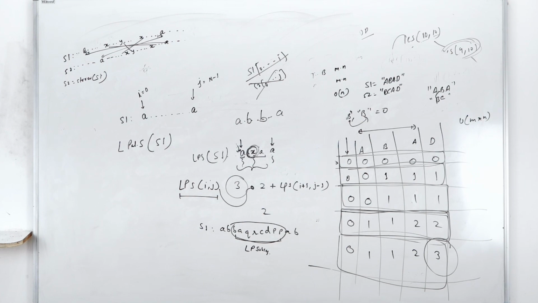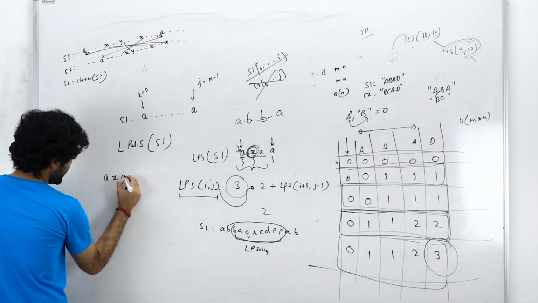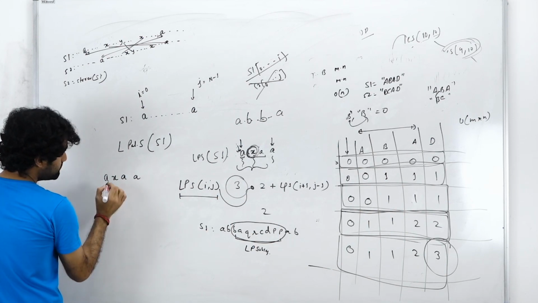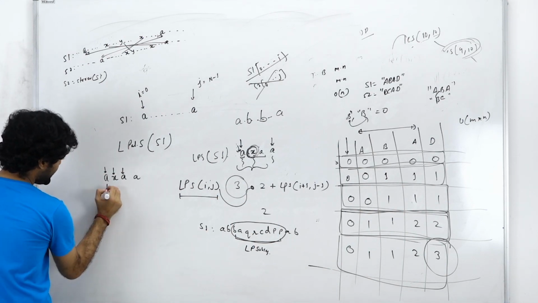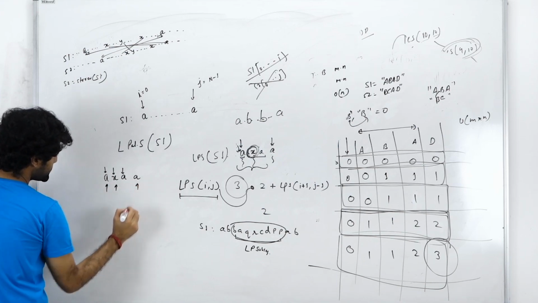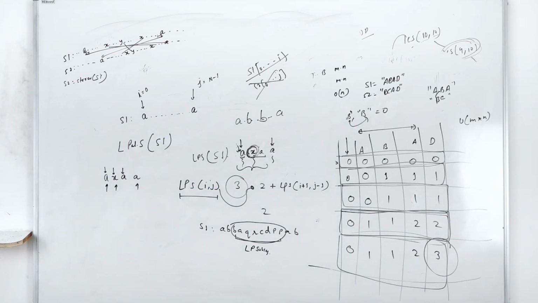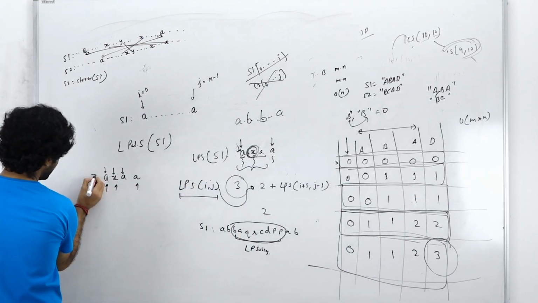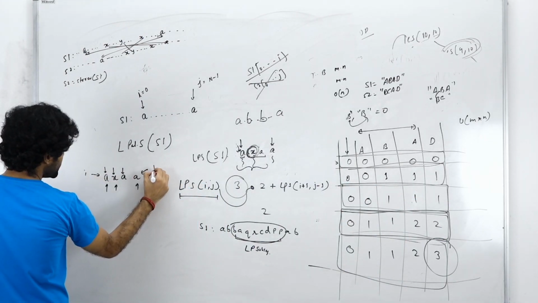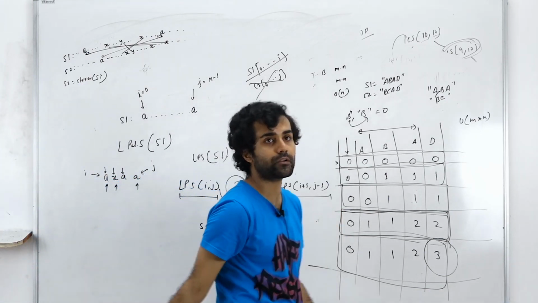Okay. So A, X, A. I can have this also, and I can have this also. Yes or no? Quickly. Corresponding to this case where my I was at this A and J was at this A, would you consider this recurrence relation or not?